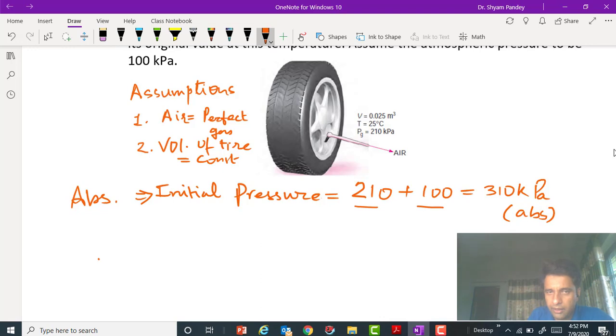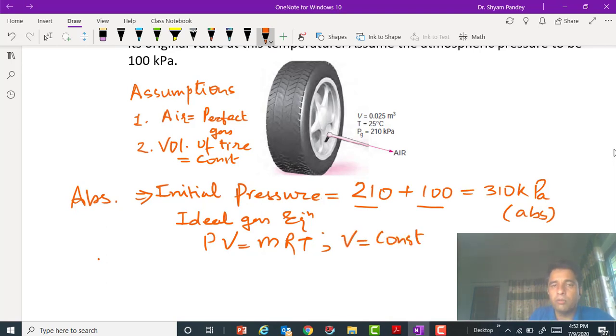Now, how to get the final pressure? For that, you need to use the ideal gas equation. So the ideal gas equation says PV equals mRT. Here in the given problem, volume is constant. Therefore, pressure by temperature becomes constant.